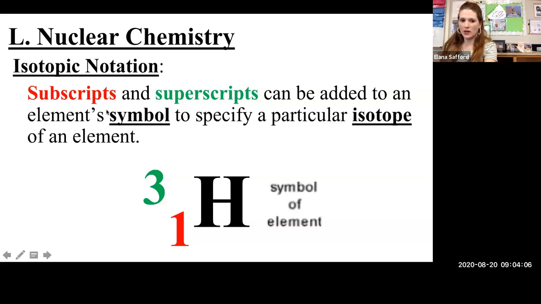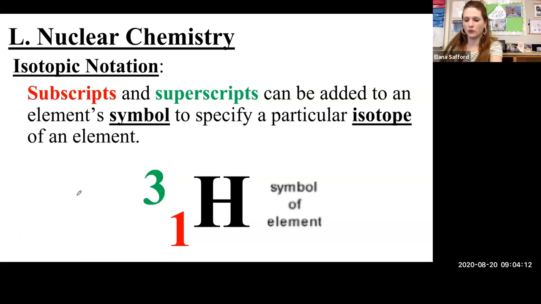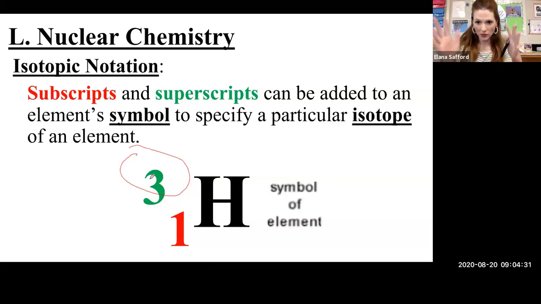So that number right here, the big number, this one, that is the number of protons plus the number of neutrons. That's the entire mass added together.